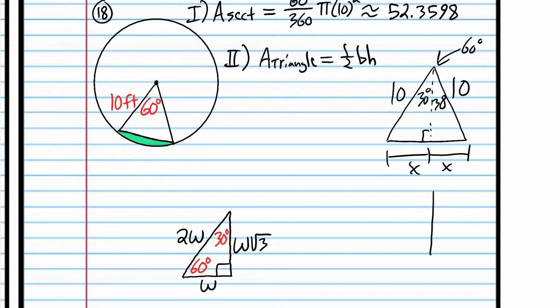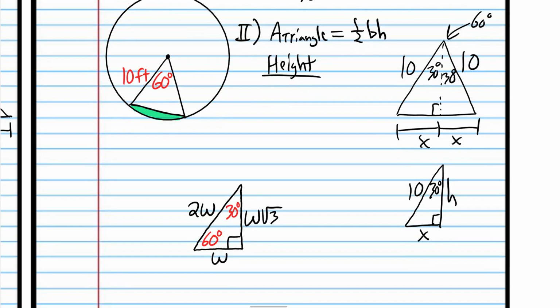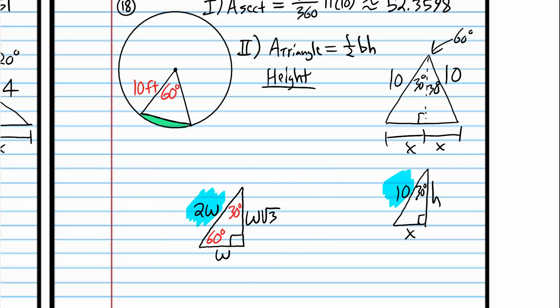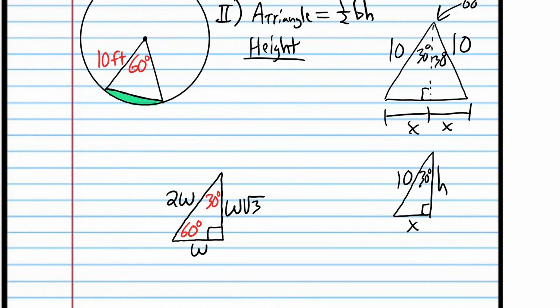Pull out the left triangle. And now the height. Again, we're going to have to use this special triangle now. So we know that this side is 10. So that means that the side opposite 30 has to be half of 10, right? One way to do it is to set 2w equal to 10 and divide both sides by 2. We see w must be equal to 5. So once we know that w is equal to 5, then we can find all these sides really easily.